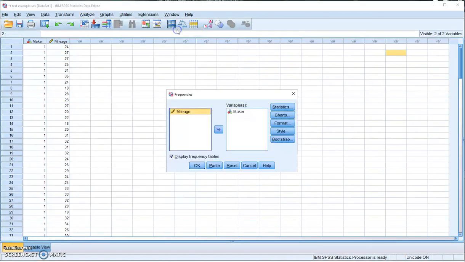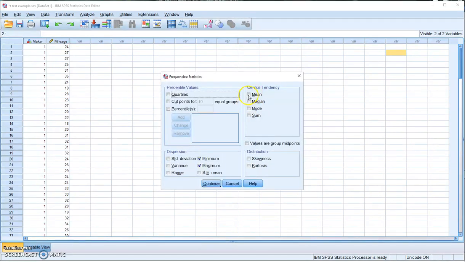We go to frequencies, but in addition to those simple measures, we can ask for more measures of central tendency. We can ask for mean, median, and mode. And for the measure of variations, in addition to maximum and minimum values, you can ask for standard deviation, variance.